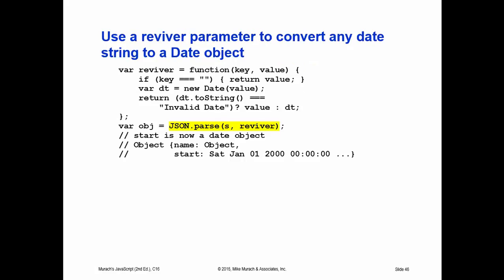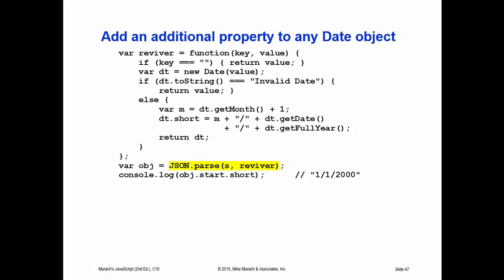As we mentioned a little bit earlier, sometimes this can be problematic when you're working with date objects. So one of the most common uses of the reviver parameter is to convert JSON date strings to JavaScript date objects. The reason you want to do that is that if it's a date object, you can use those date object methods that are available.